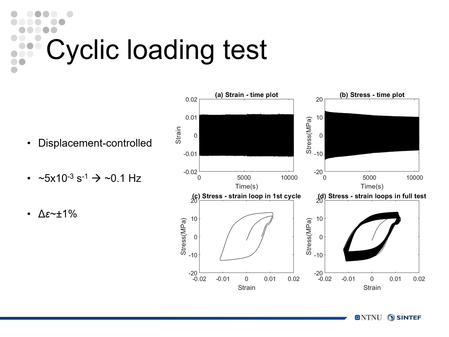We also did a cyclic loading test with displacement-controlled mode at a strain amplitude of about ±1%. From the stress-time response, a softening behavior is clearly recorded. You can see the stress level becoming lower until saturation.